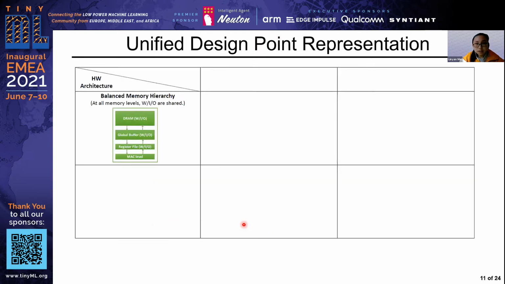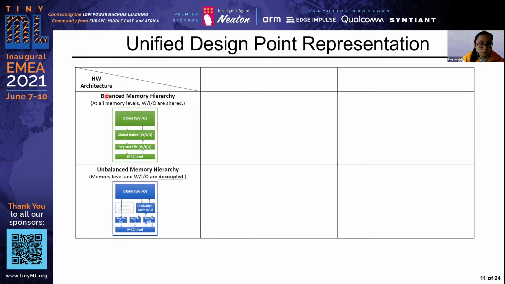So let's start from the first one, the unified design space representation. We split the whole space into two dimensions. The first is the hardware architecture. In order to let you see the different settings, I split the hardware architecture into balanced memory hierarchy, inside which, at all memory levels, we assume that weight, input, and output are shared.